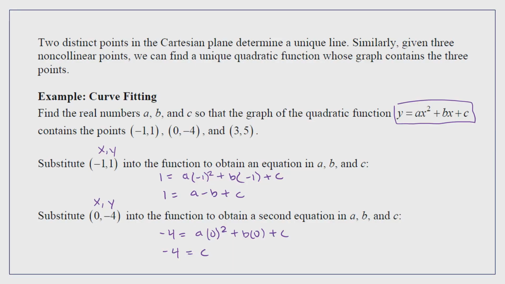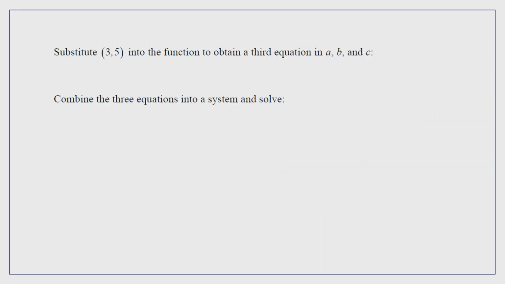Okay. Now we'll substitute in our next ordered pair, 3, 5, into the function. So 5 equals a times 3 squared plus b times 3 plus c. So 5 equals 9a plus 3b plus c.